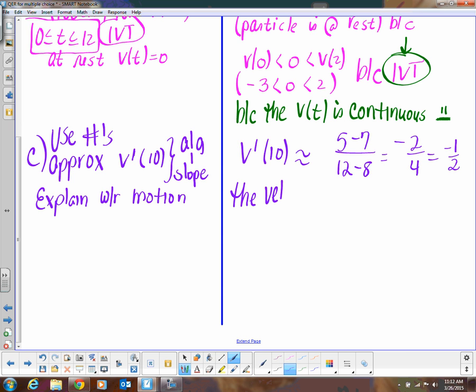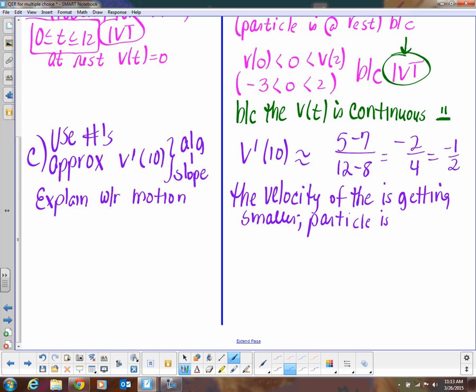The velocity of the particle is getting smaller. In other words, the particle is slowing down, right? So now, have I explained the meaning? Have I? With respect to motion.